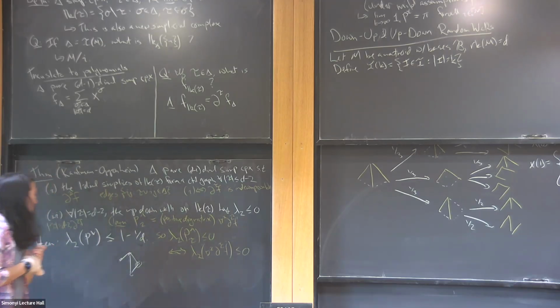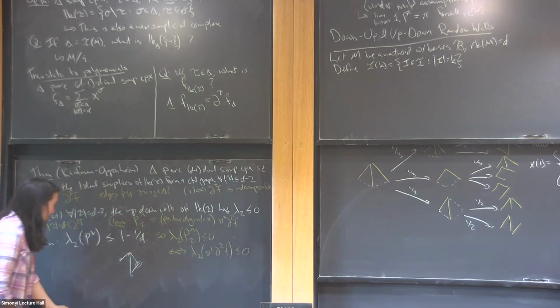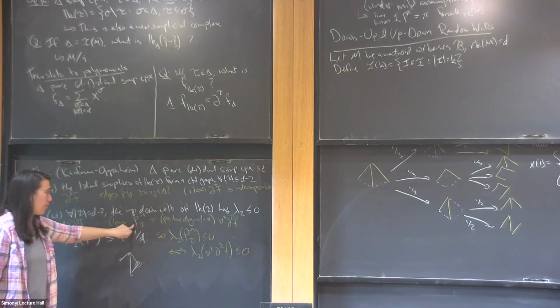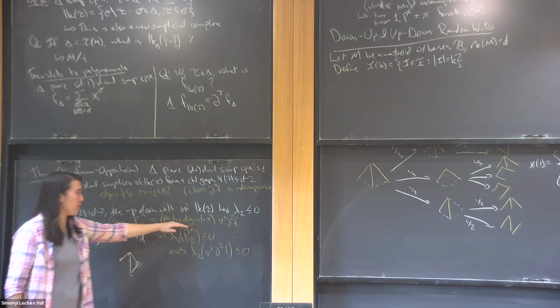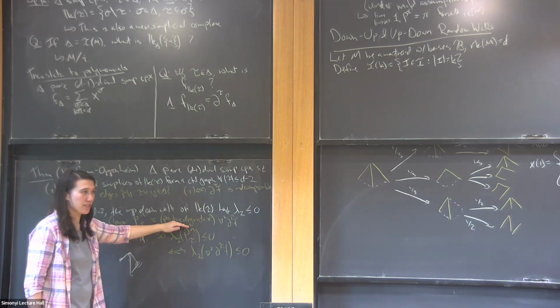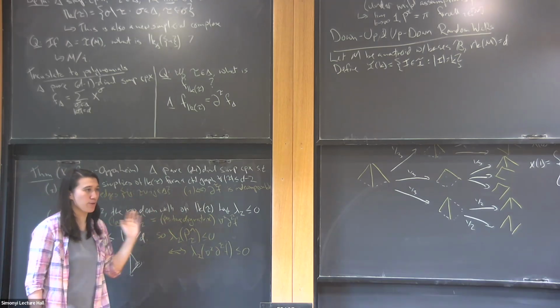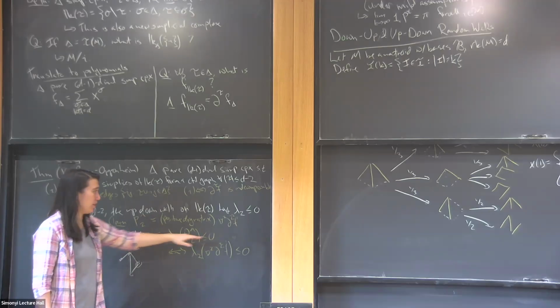Can you say again how the yellow claim links to the theorem from yesterday? Right, so the yellow claim just says that if I want to write down the transition matrix of this up-down walk, it is, up to scaling by some diagonal matrix, basically making the rows add to 1. That's really what we're doing.